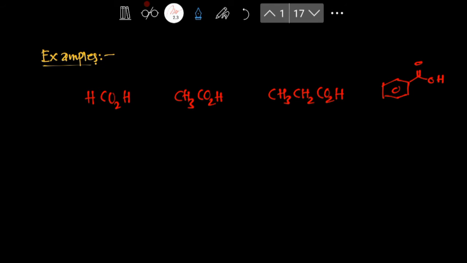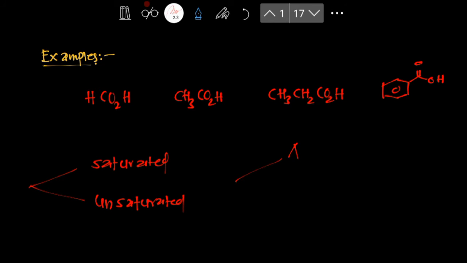Later on, carboxylic acids are further classified on the basis of the type of skeleton. First, they are classified on the basis of saturation or unsaturation: saturated and unsaturated carboxylic acids. Second, classification based on aliphatic and aromatic skeleton.